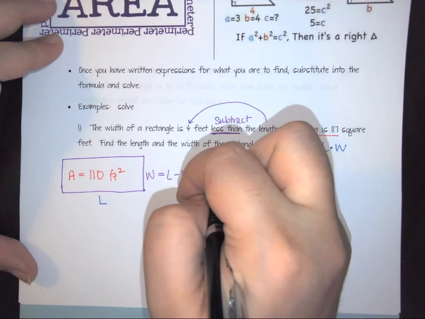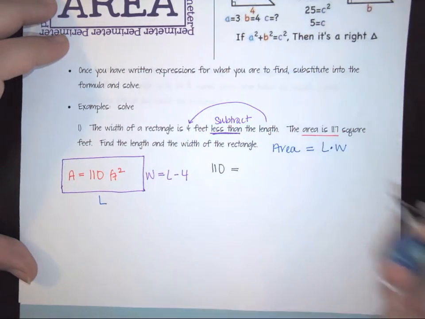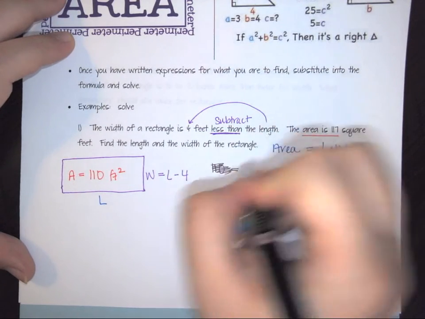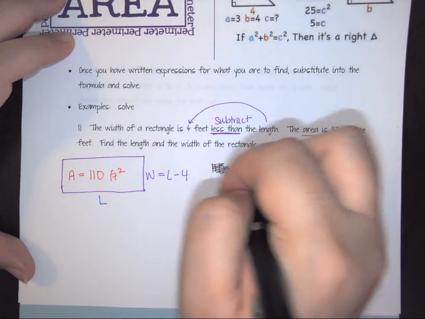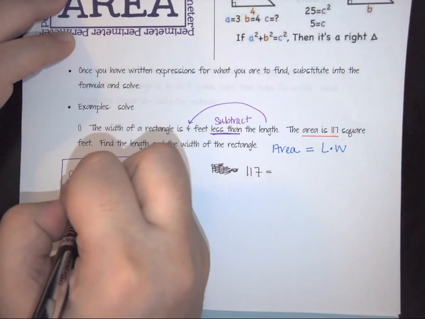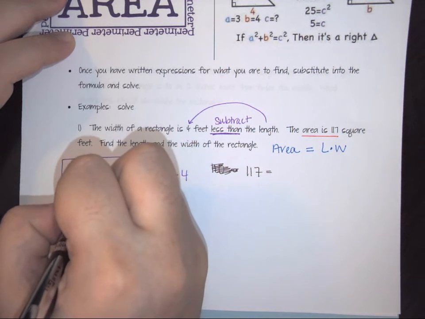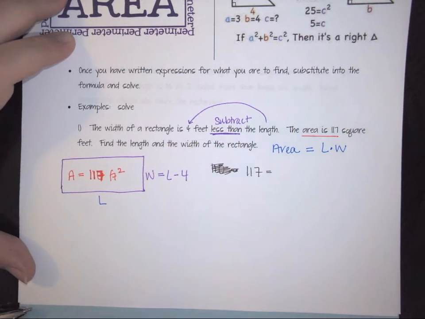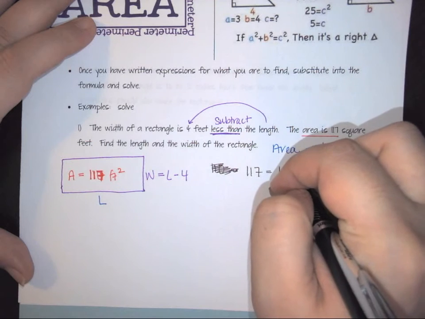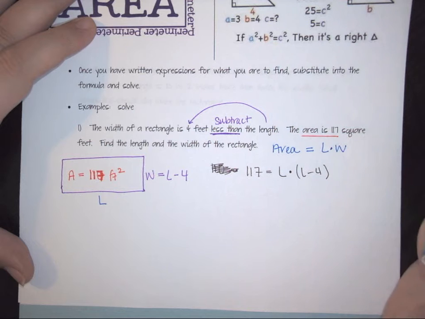So we have that my area, so 110 feet, or 117, sorry about that, 117 feet is going to be length, which we don't know, times my width, which we said was length minus 4.